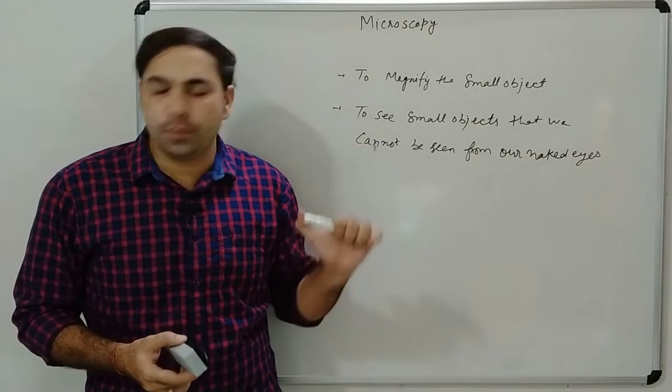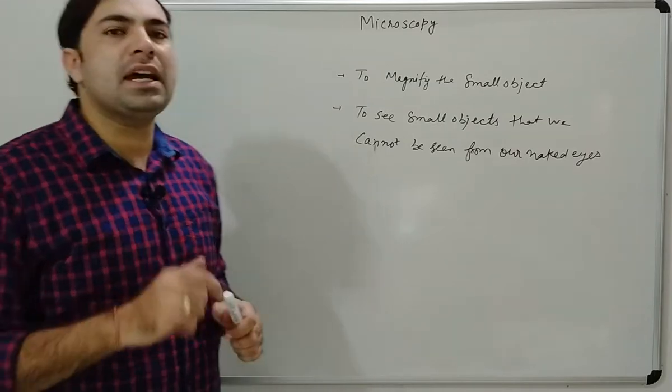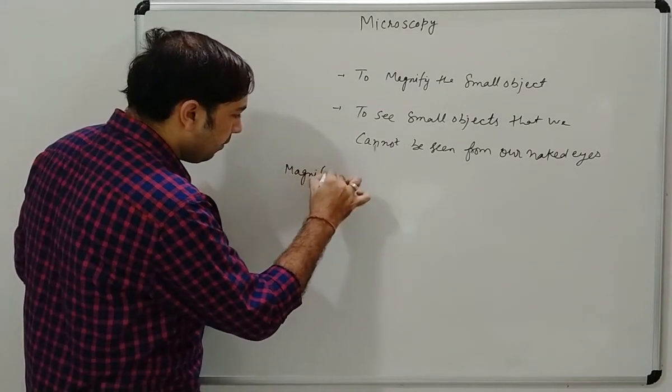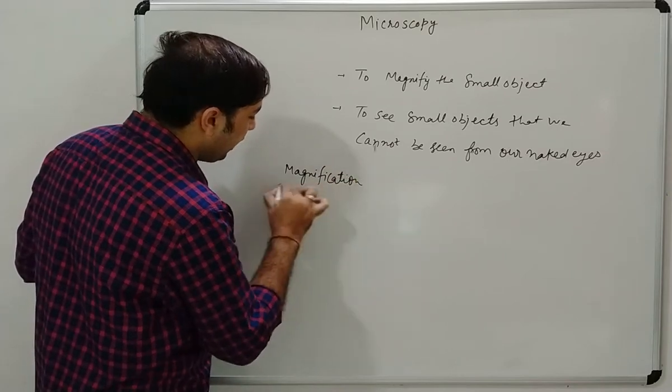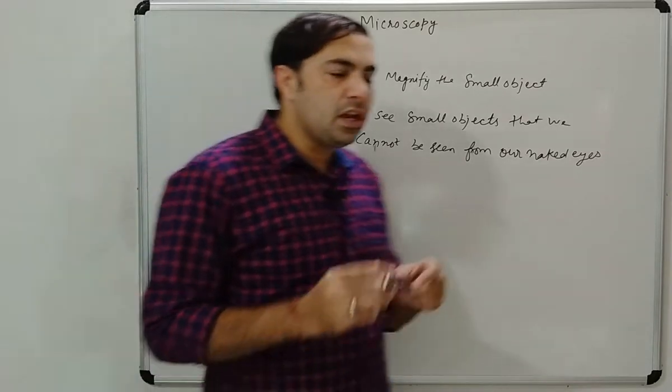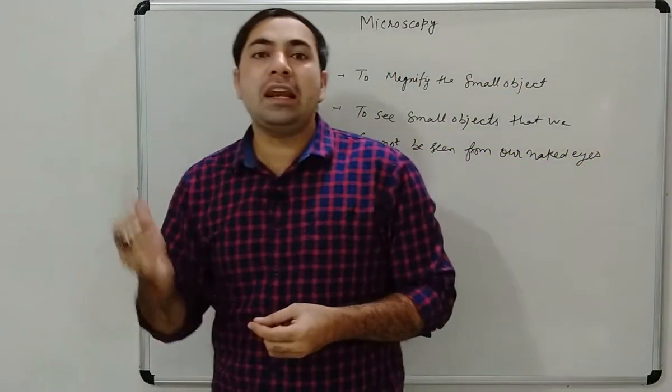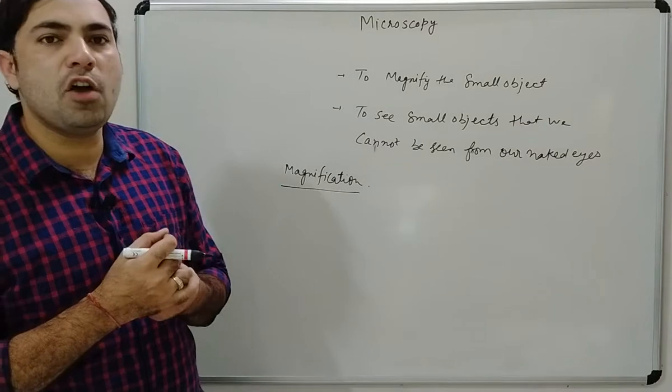That is microscopy. And in microscopy, two terms are there. One is magnification. Magnification means how can you enlarge the image of small particles?